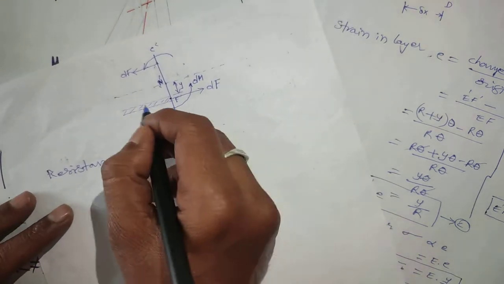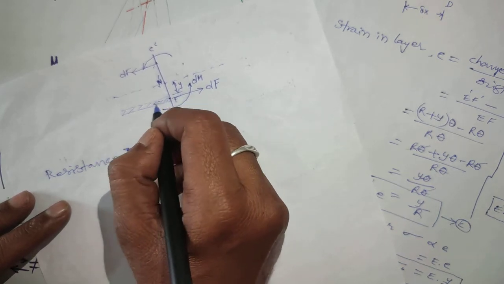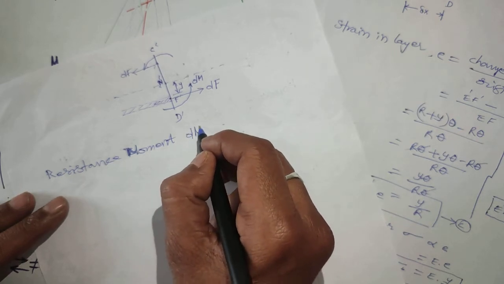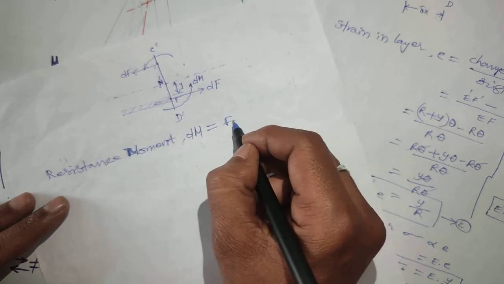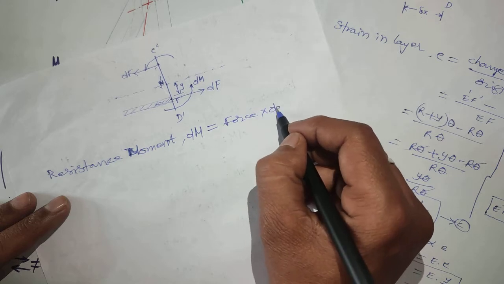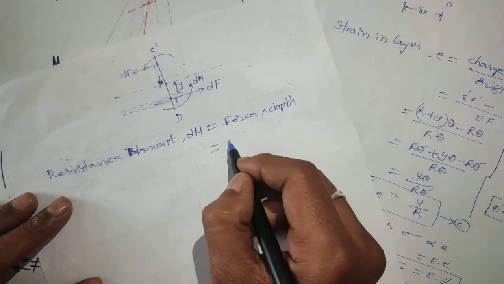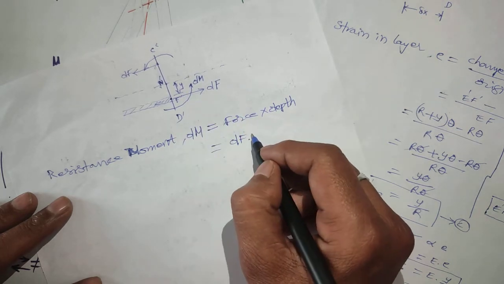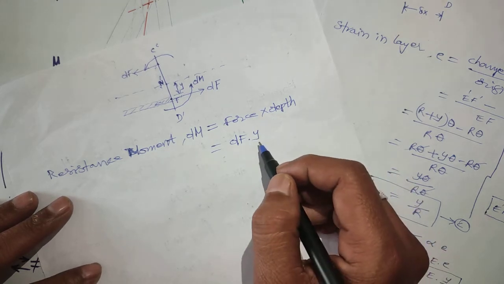So the resistance bending in the layer which cannot allow the beam to bend, that is dM, is equivalent to this force into the depth from the neutral axis. That is, the force is dF, and the depth is y.